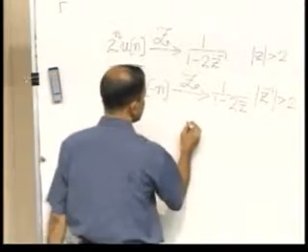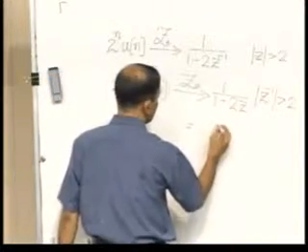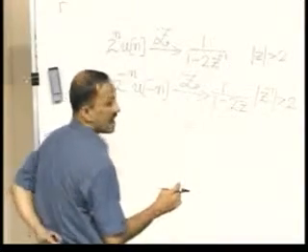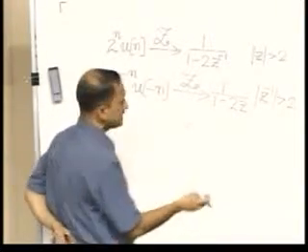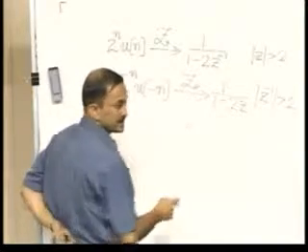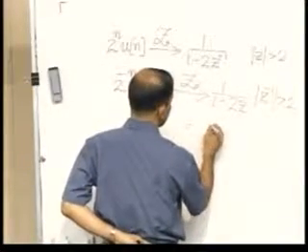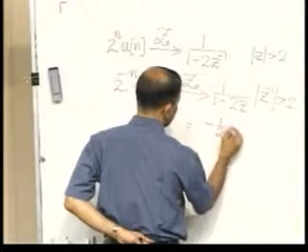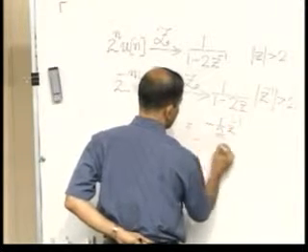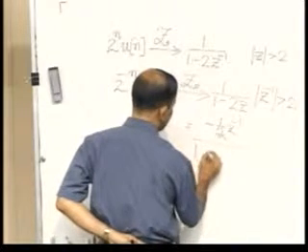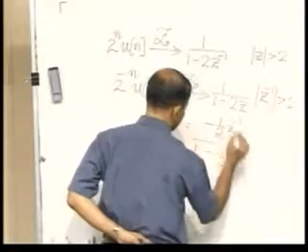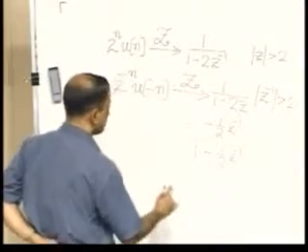Which can be rewritten as, you see, we could multiply the numerator and denominator by half z inverse if we wish to write this in terms of z inverse, right. So, we might rewrite this as minus half z inverse divided by 1 minus half z inverse, with a region of convergence.